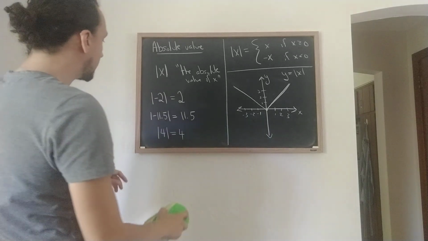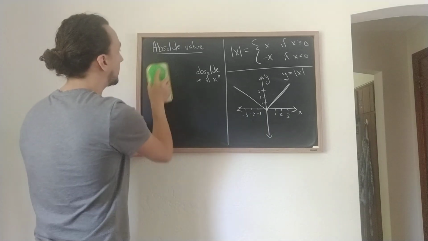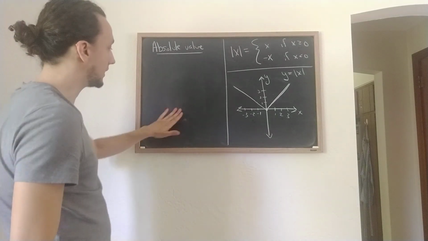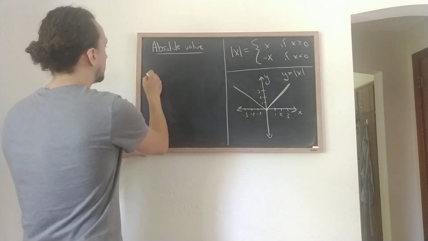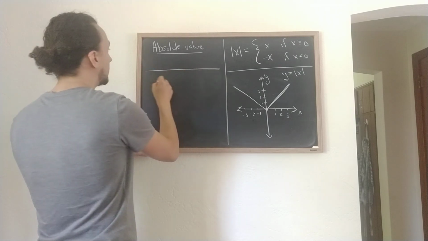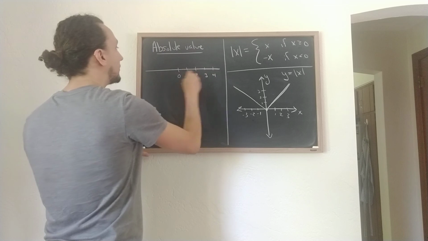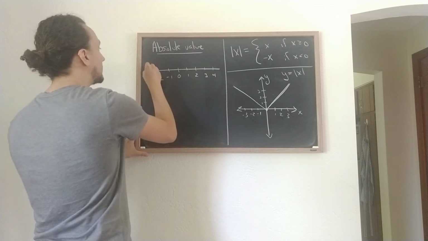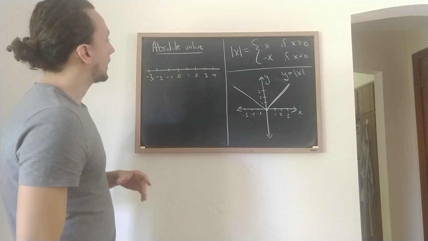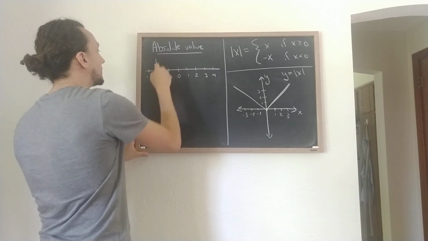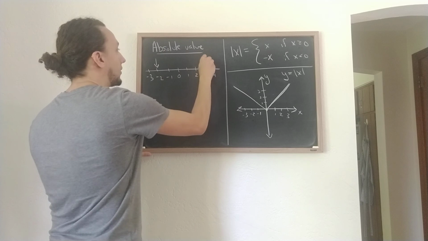And the last thing that I want to say about absolute value is that it's often used to talk about distance. So let me show you why. Let's take a number line, 0, 1, 2, 3, 4, -1, -2, -3. If I want to talk about the distance between two numbers, let's take an example like the distance between -2 and 3.